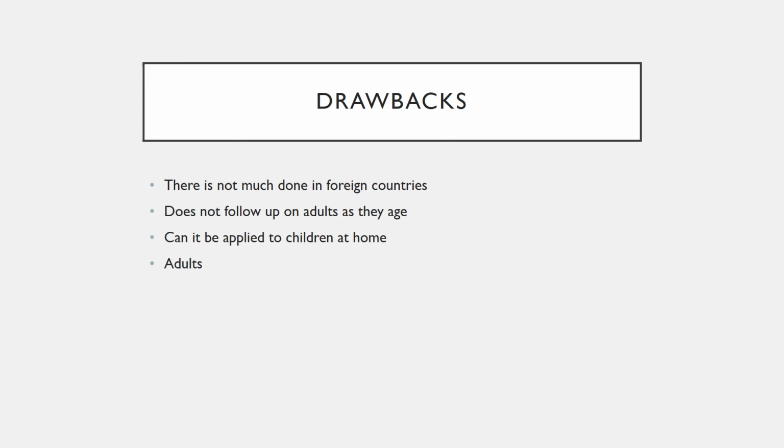Also, what I found out is that a lot of times the research didn't follow up on students after a certain age. Usually they came to about the 18 to 21 age, and after then, you didn't really hear too much about how it affected the adults in the long run. Did the same patterns that you found at 18 to 21 affect them as they grew older to be about 35 to 40?